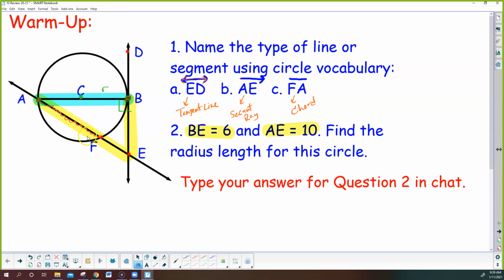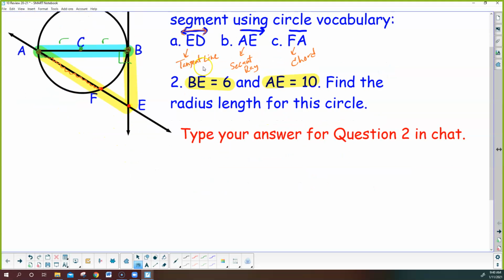So there's my radius, but I want to go all the way from A to B, so I actually have two radii. If it's helpful, I would redraw this picture for number two. And I would say, okay, BE is 6, so that would be right here. AE is 10, and then this length, AB, is R plus R, or 2R.